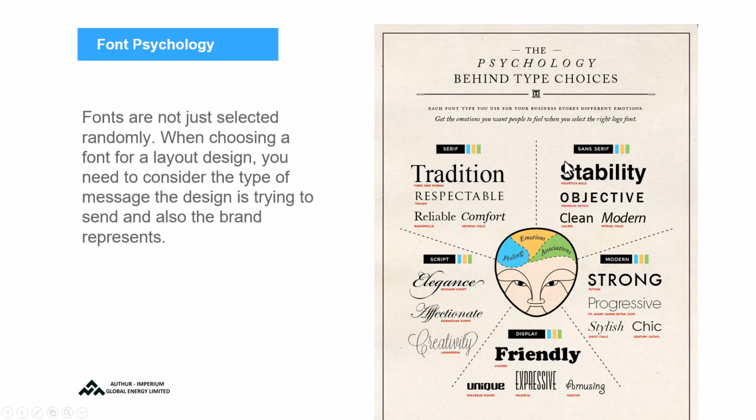Sans serif fonts represent stability, objectivity, cleanliness, and modernity, while script fonts represent elegance, affection, and creativity. Then we have modern fonts. This is a sans serif font, this is also a sans serif font, we have a script font and also another sans serif font. They show that a brand is modern.